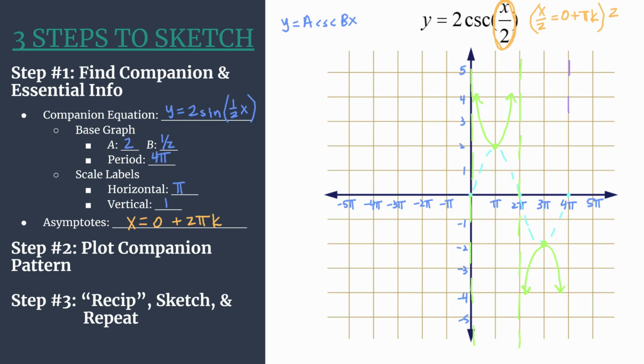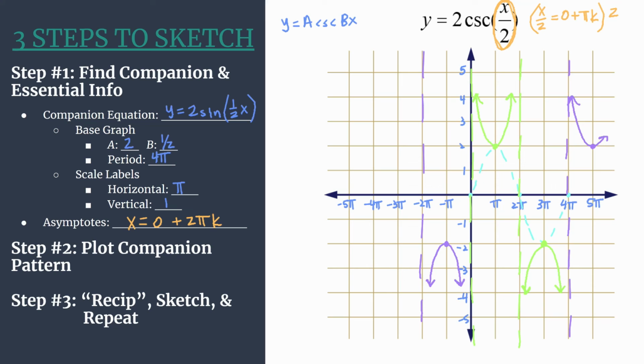So like we said, we should have another vertical asymptote here at x equals 4 pi. That's what happens when k is 2. And you can see that you would have another relative minimum here. So that curve kind of works like that. Okay, and we can work the pattern in the other direction as well. So here at negative pi, we should have another local maximum curve and a vertical asymptote here at x equals negative 2 pi.